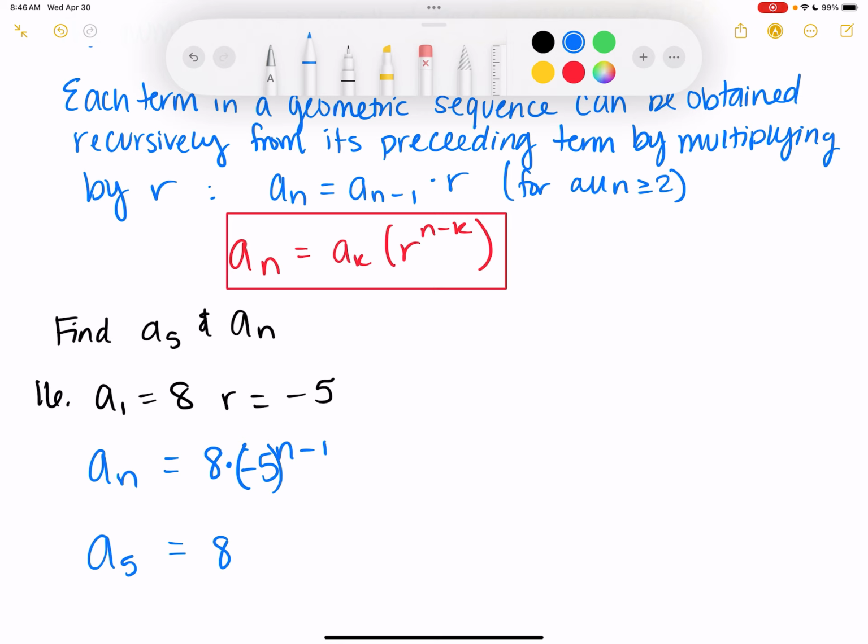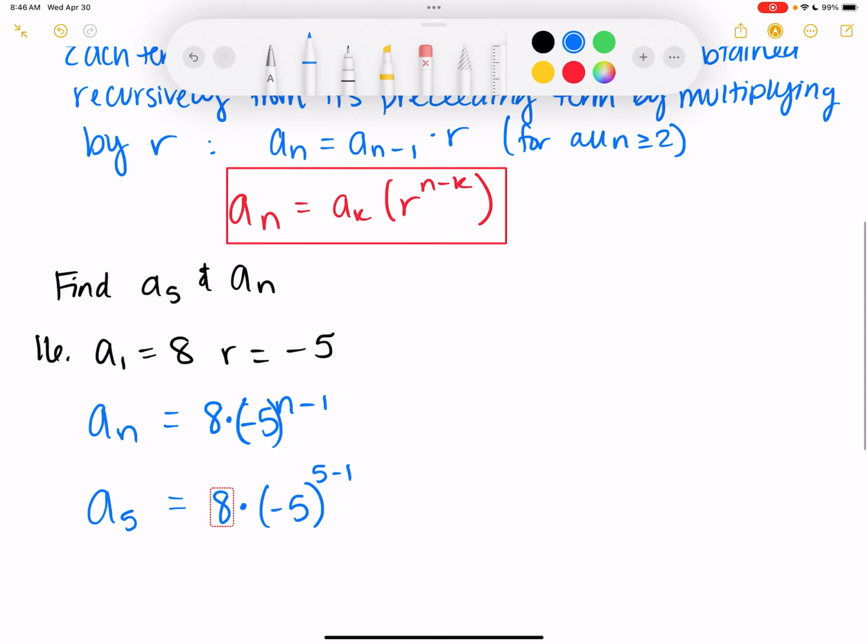So now over here, when I want the 5th term, I have 8 times -5 raised to the 5 minus 1. And that's going to end up being 8 times -5 raised to the 4th.